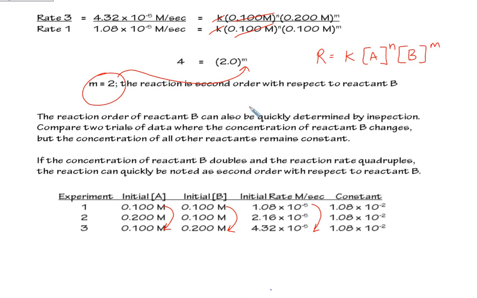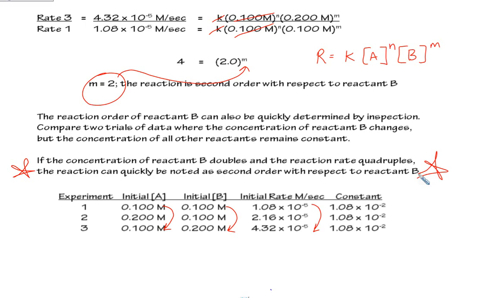Here's what it means when we say that something is second order. We would describe this as reactant B is second order, or the reaction is second order with respect to reactant B. It means that if you double the concentration, the rate goes up by a power of 2. The rate will go up by 4. It quadruples.